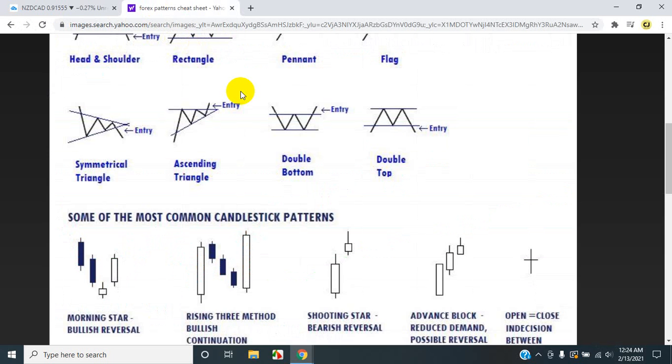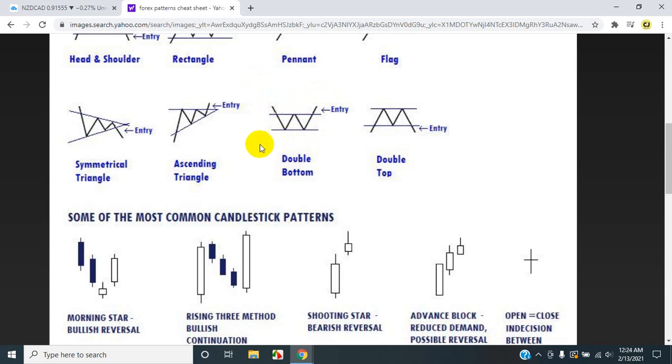And if we go online and type in forex pattern cheat sheets and look at the double bottom or the double top, currently we look at the double bottom. The double bottom confirms that if it's coming down from somewhere and it creates that double pattern, it's going to go back up in the direction it came from once it creates that double W. It doesn't even have to come down from somewhere.